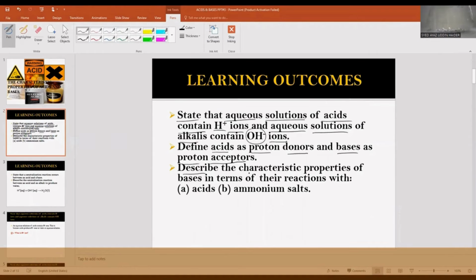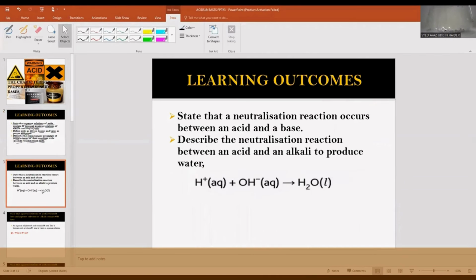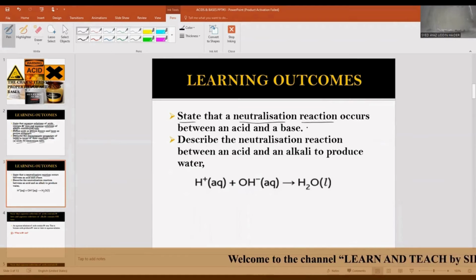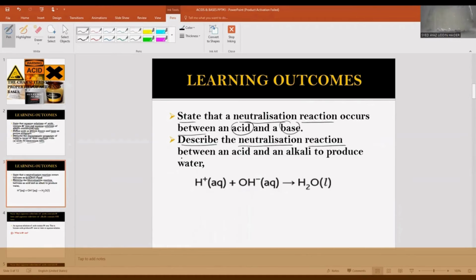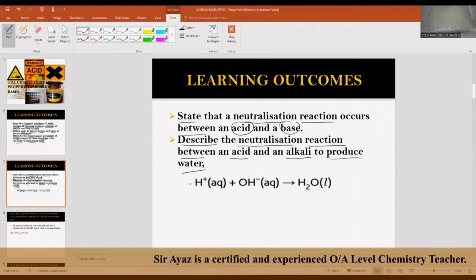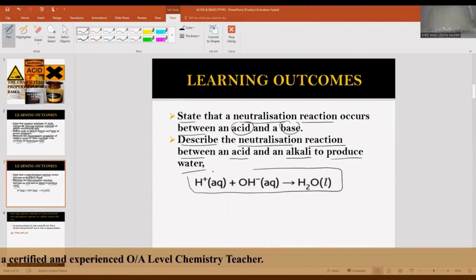Describe the characteristic properties of bases in terms of their reactions with acids, ammonium salts. State that a neutralization reaction occurs between an acid and a base. Describe the neutralization reaction between an acid and an alkali to produce water. Is the reaction equation.